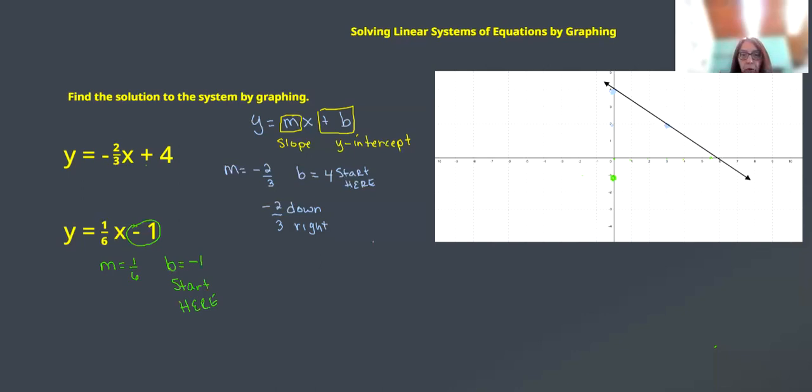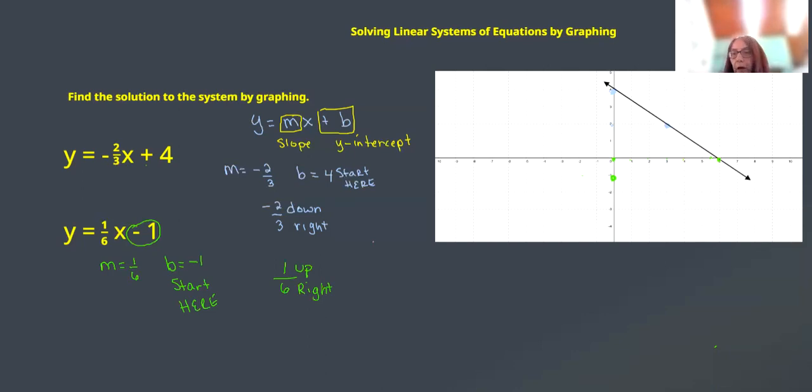Now my slope is 1/6. It's positive, so I'm going to go up and right. I'm going to go up 1 from where I started. So right here, negative 1, I'm going to go up 1. That puts me at 0. And then I'm going to go over 6 right there.